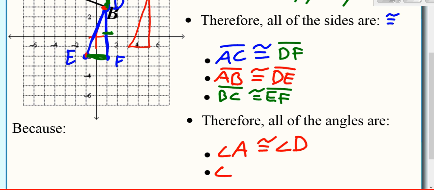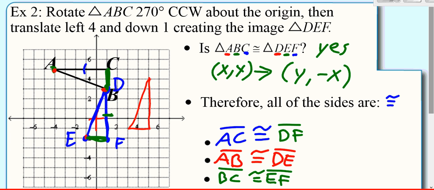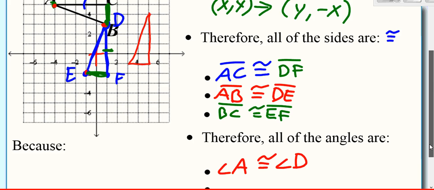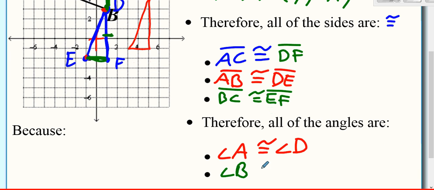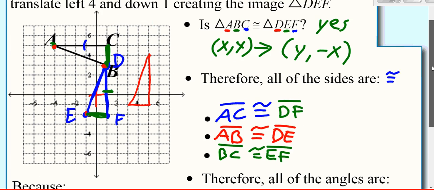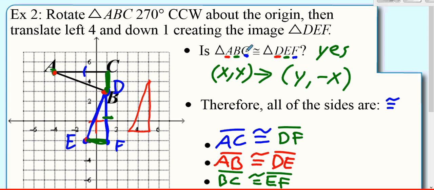I'm going to color code. Angle B and angle E. And then one more time, we can go up and look at the congruent statement. Angle C with angle F.